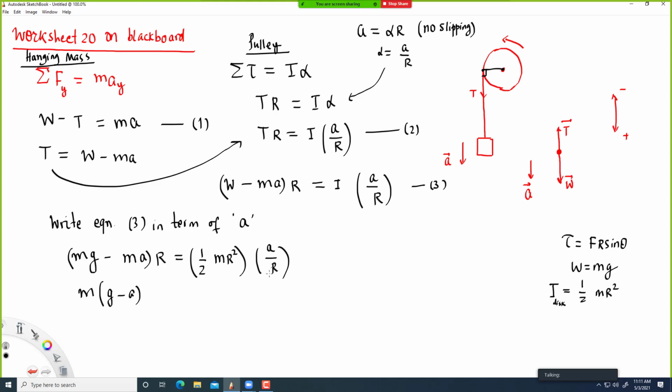So we want to get rid of this r. To get rid of this r, either you take this directly down to up here, or just multiply both sides by r. If you do that, you'll get r squared. So 1/2 m r squared, and then a, so r over r would be 1. Again, just multiply both sides by r.